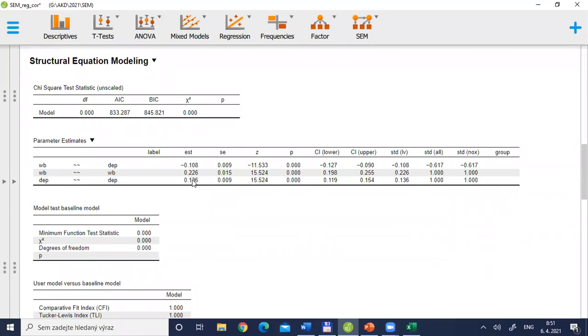Relationship, variance, variance. And if I take this covariance and divide it by the square root of this variance and the square root of this variance, these multiplied together, I would get this standardized value of the correlation coefficient.